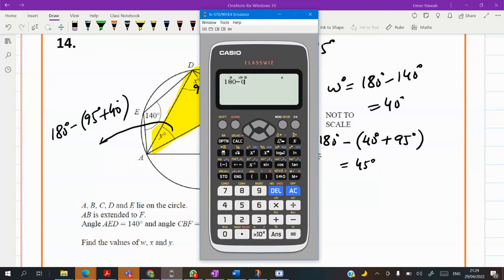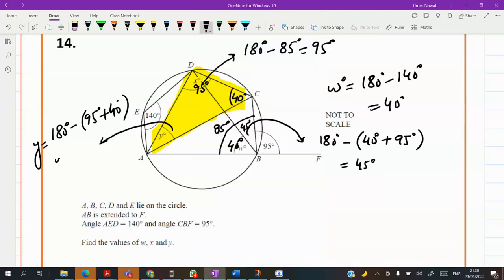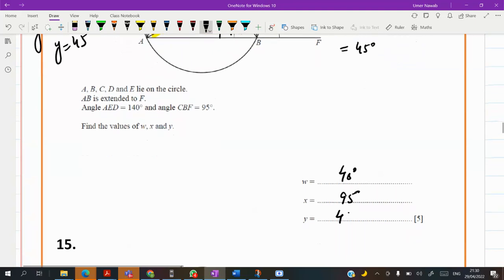It gives us 45. So y is also 45. Did he ask for any proper reason? No.